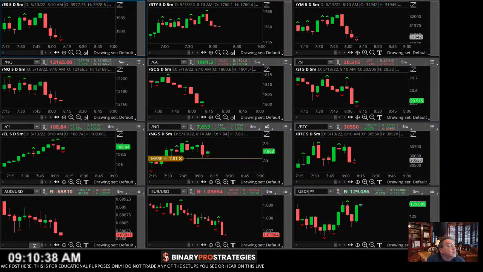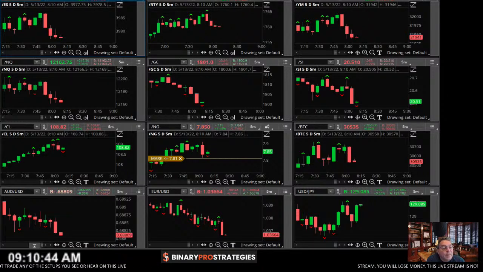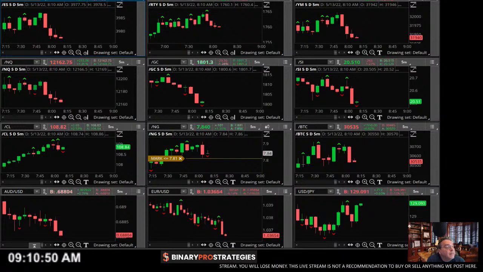Entry on that gas was, let's see here, anything above 784. We're at 785. Target's going to be 781. Reversal, if we need the reverse, is going to be 790.